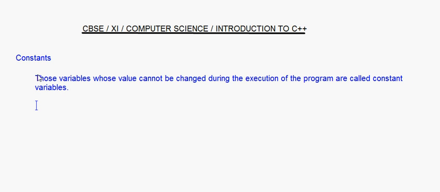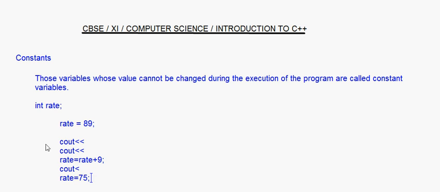Now we know normal variables. If I want to declare an integer variable like this, int rate, and here I say rate is equal to 89, and then we have some cout statements, and after that we write rate is equal to rate plus 9, then again cout, and then rate is equal to 75.